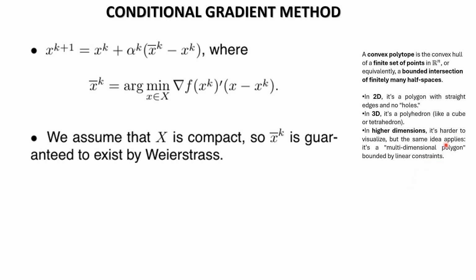In two dimensions, it could be a polygon with straight edges, no holes. In three dimensions, this is a cube or tetrahedron. In higher dimensions, this is harder to visualize, but the same idea applies. It's a multi-dimensional polygon bounded by linear constraints.